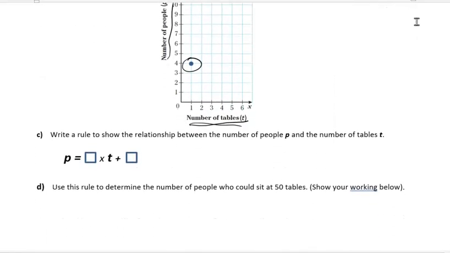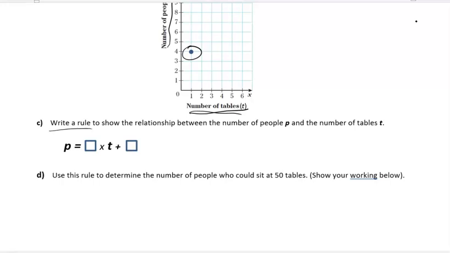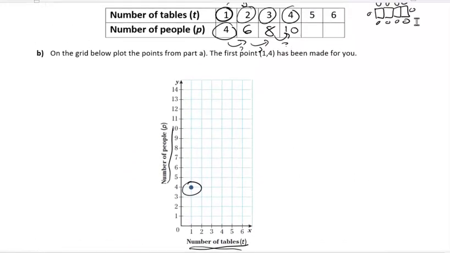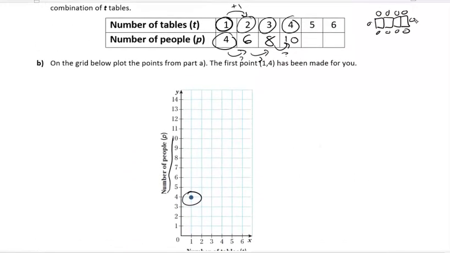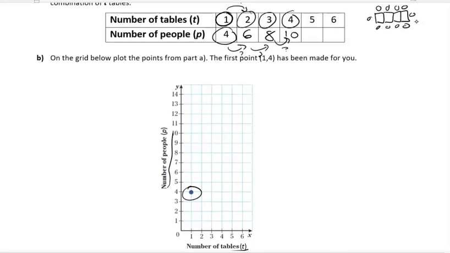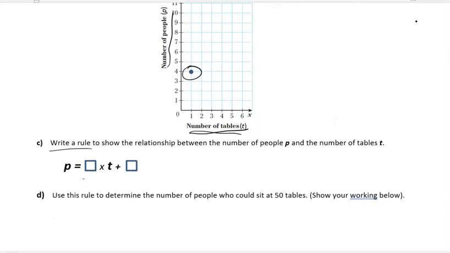We'll use that information to go down here and write a rule, an expression that's always true. So if we had 47 tables, how many people would we have? Well, we just need to plug it into the rule. So we need to look at that pattern and think, what is the magic number that the number of tables plus some number will give us the number of people?